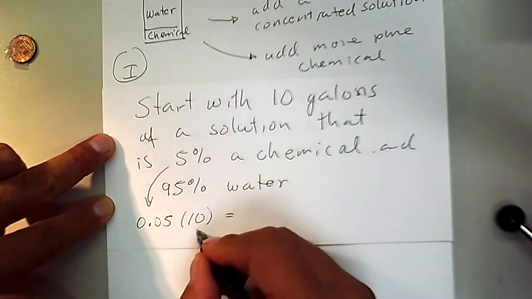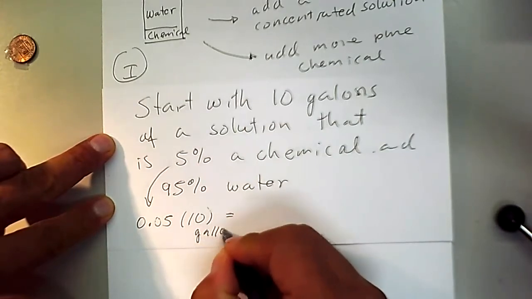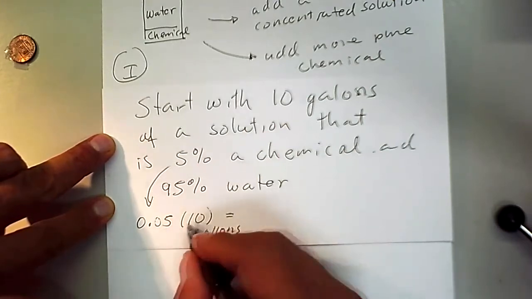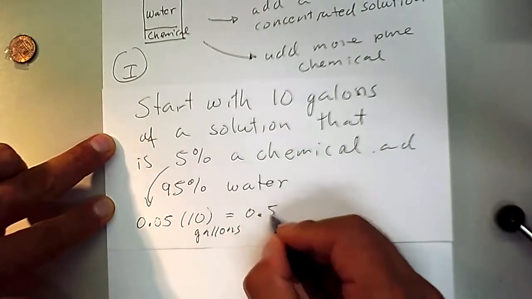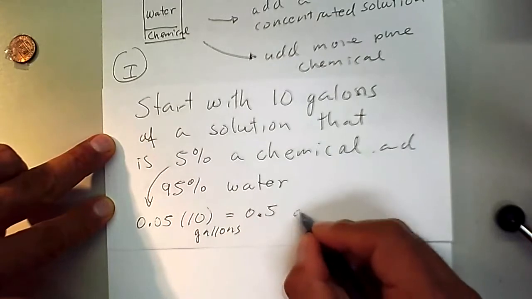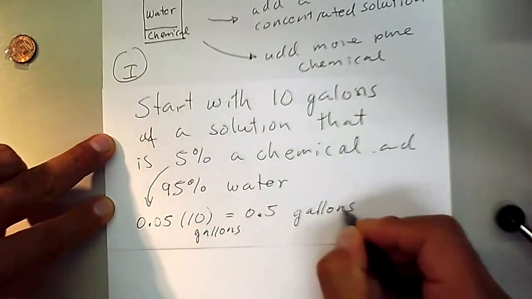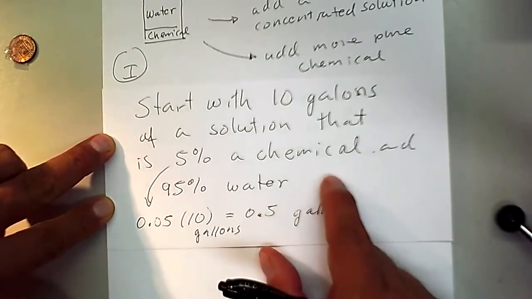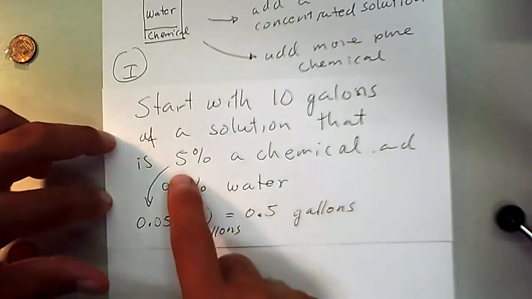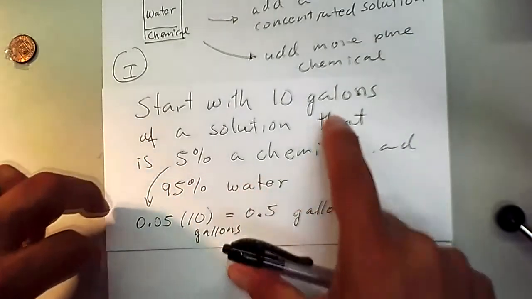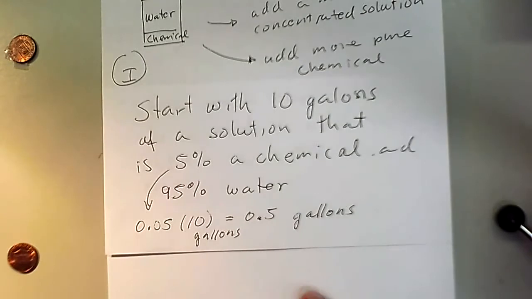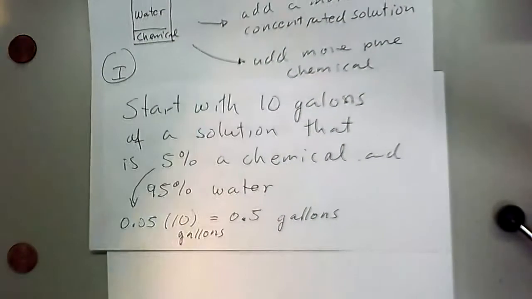And so these are the gallons, and that is the percentage of the chemical of those gallons. And if we multiply this out, we get 0.5. And those are going to be gallons. So we're going to have half a gallon of pure chemical. So when you have 5% concentration in 10 gallons of the solution, half a gallon is pure chemical, which has been completely dissolved in the water.